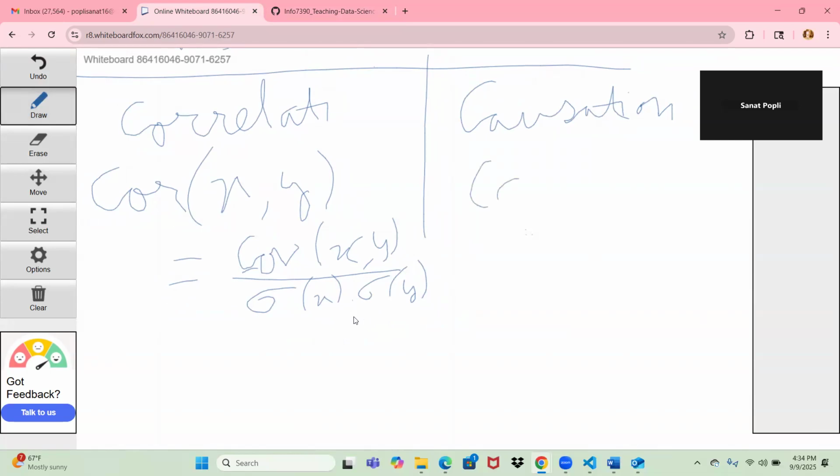Causation of x and y is equal to the difference of two things, where 1 is the effect with tutoring, and 0 is no tutoring. So that's how causation works.